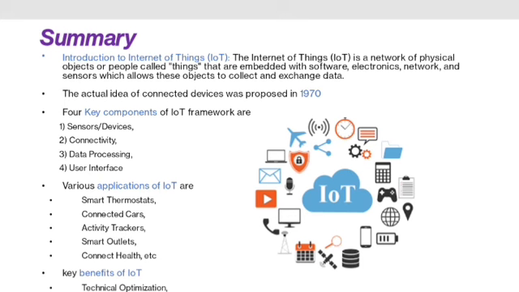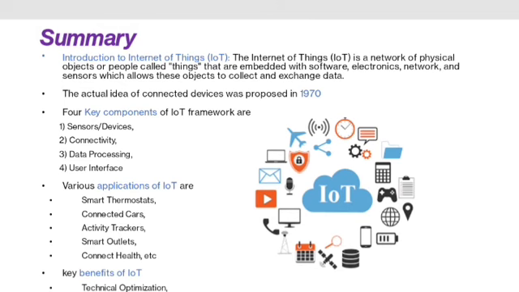Let's see the summary of IoT. These are the very important points that should be noted. The Internet of Things is a network. It's physical objects connected with the internet, objects like cars and people.